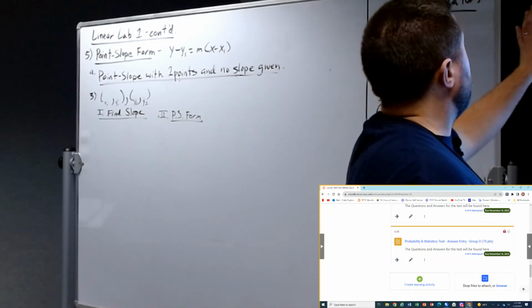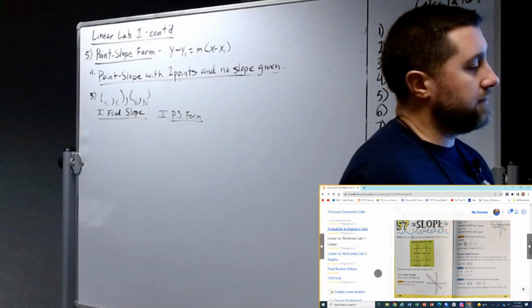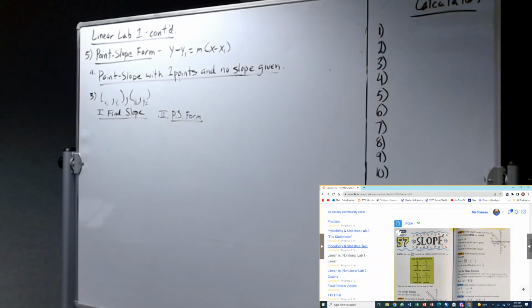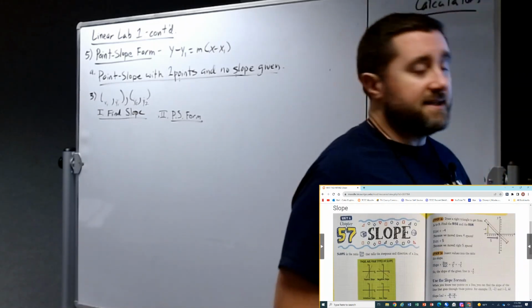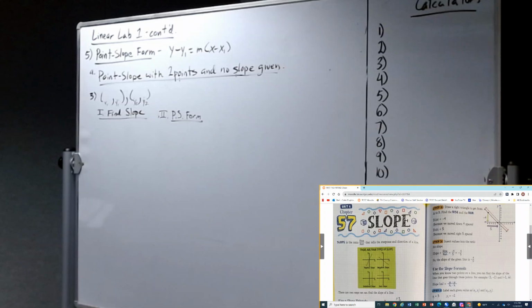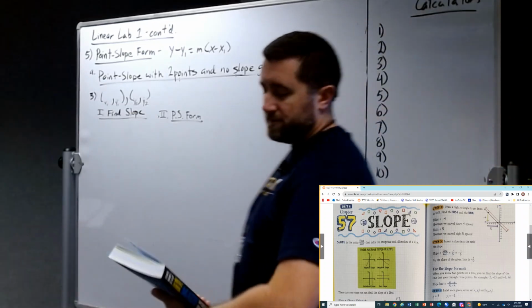And then one more thing to look at here with slope. These two pages came out of the Big Fat Middle School Math Workbook.